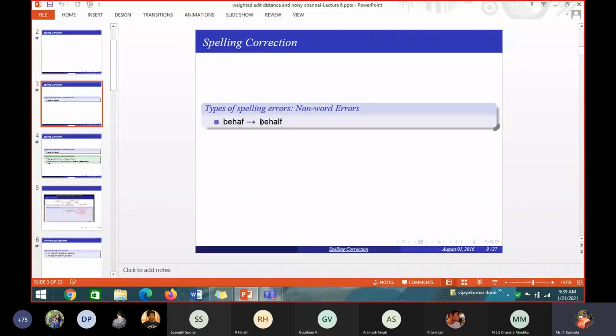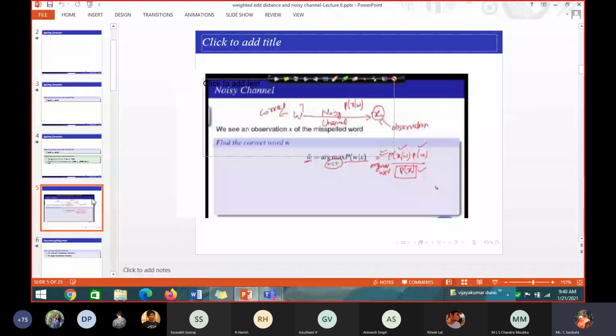Okay, see the top, what I have written in handwriting. I have a correct word W. When I type that correct word into some channel, the channel can be a keyboard, or any channel. I am taking maybe a keyboard. This is called a noisy channel or error channel. So when I am typing BEHALF on a keyboard, I end up typing BEHAF.